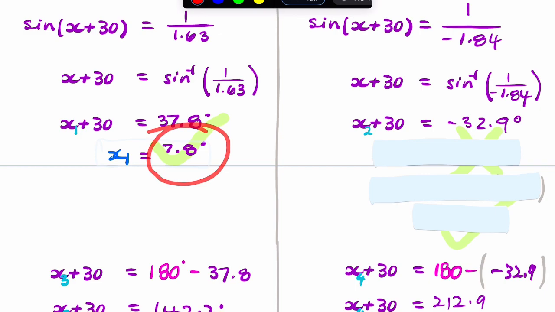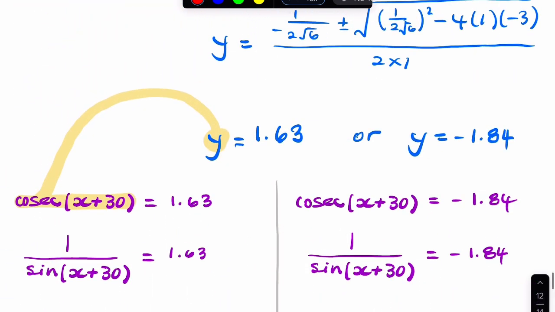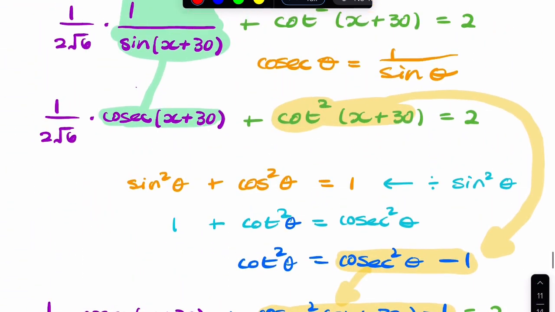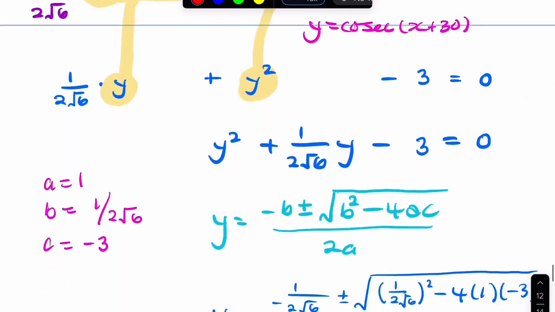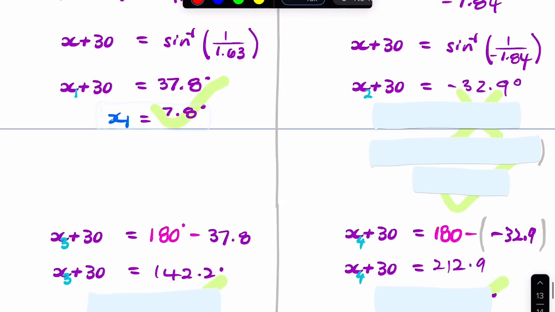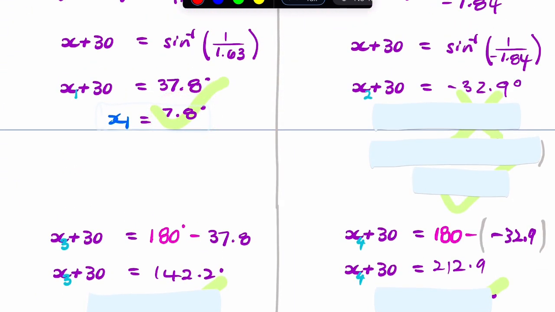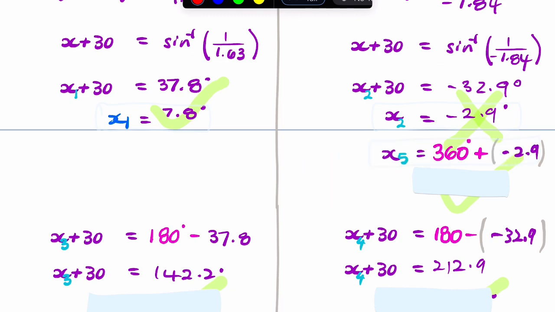So each of these, you subtract 30 to find the actual value. So that is 7.8. That's fine because it's within the range we're given. We're told that x has to be between 0 and 360. So 7.8 is okay. If you subtract 30 from 30 minus 32, you get a negative, so that is not within the range, but you can add 360 to that.